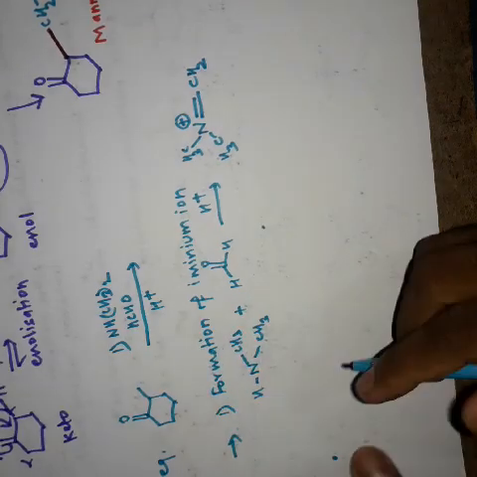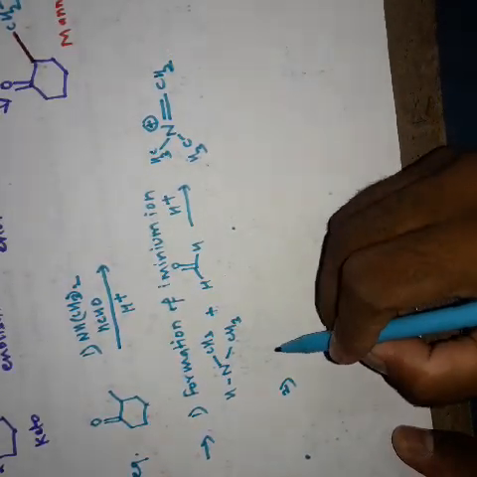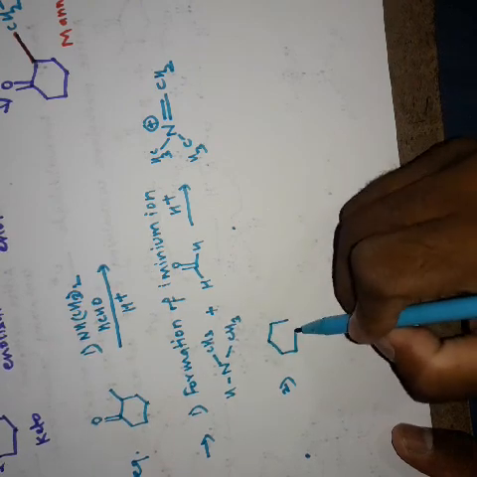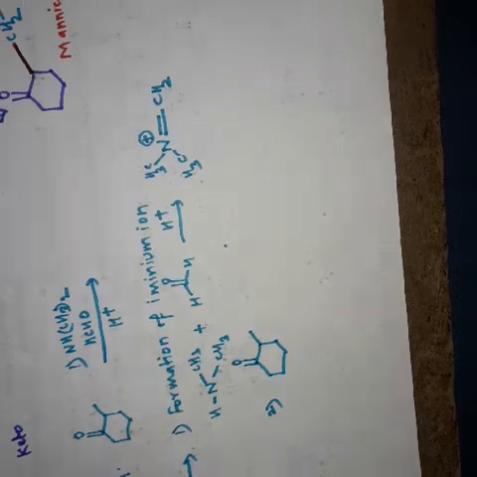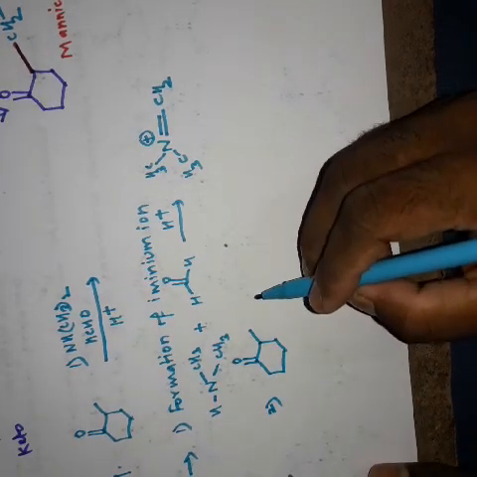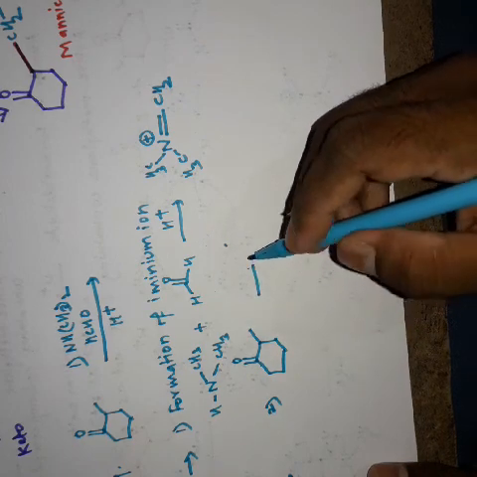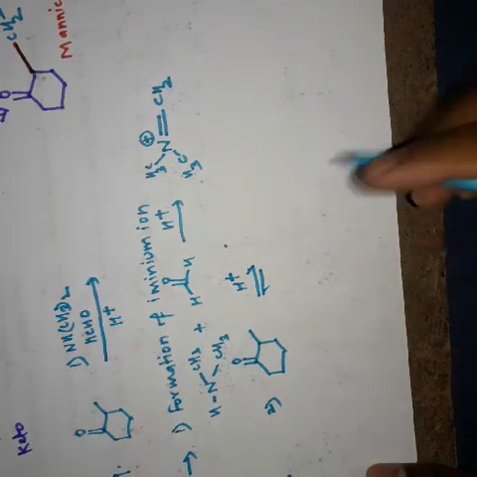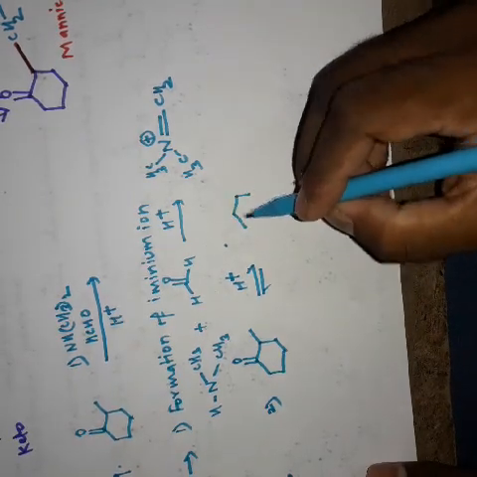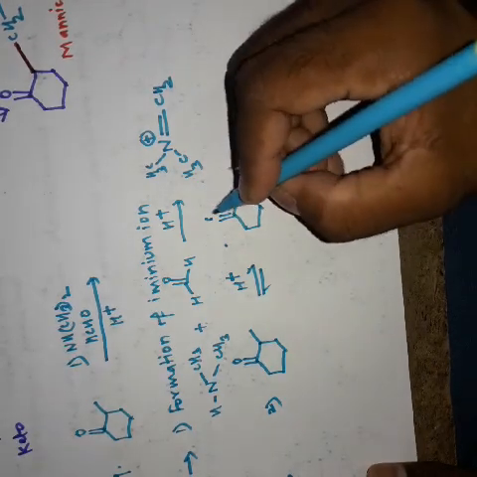Now since in the second step an enol has to form, and the molecule is not symmetrical, we are going to get two kinds of enol.